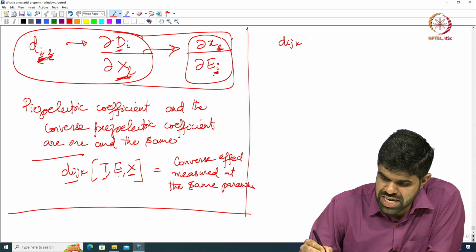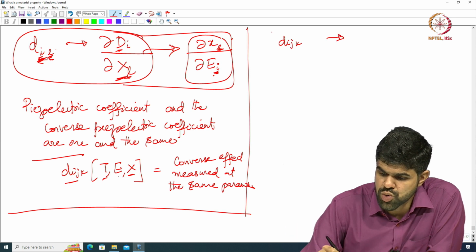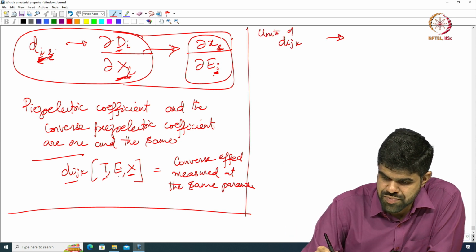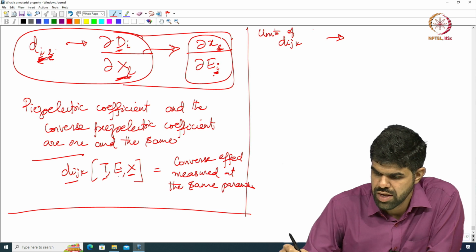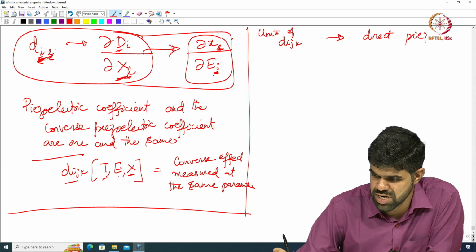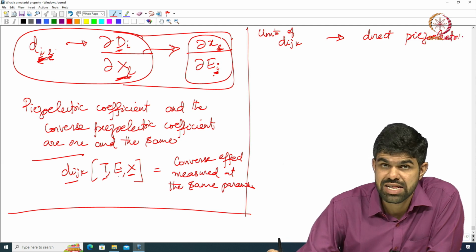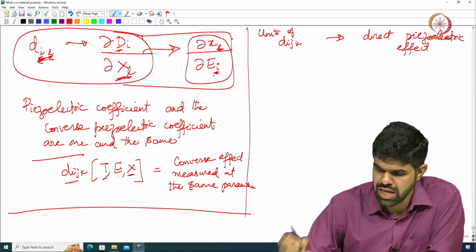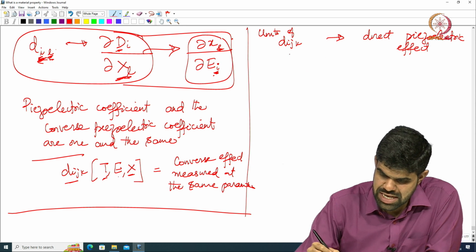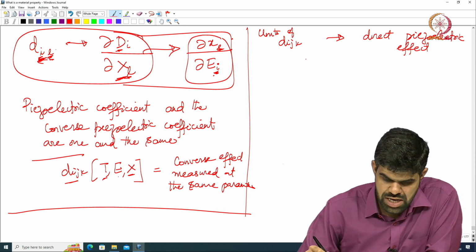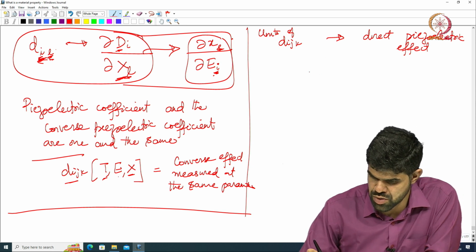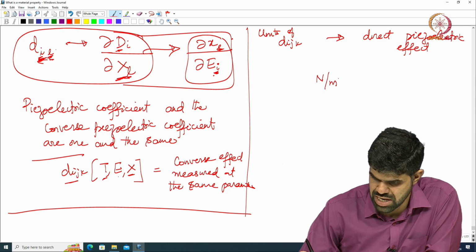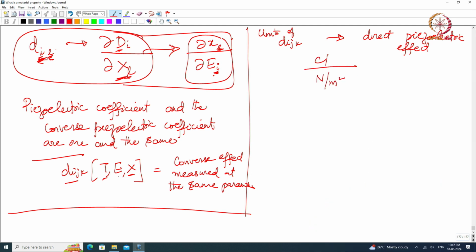What are the units of dijk? If I do a direct piezoelectric effect measurement, I am applying stress and measuring charge. Stress is Newton per meter square, charge is Coulomb per meter square.